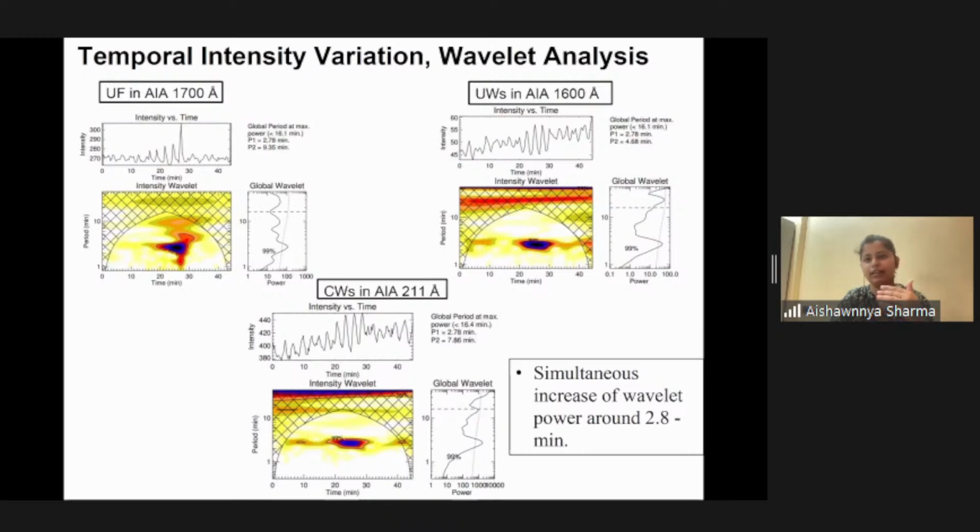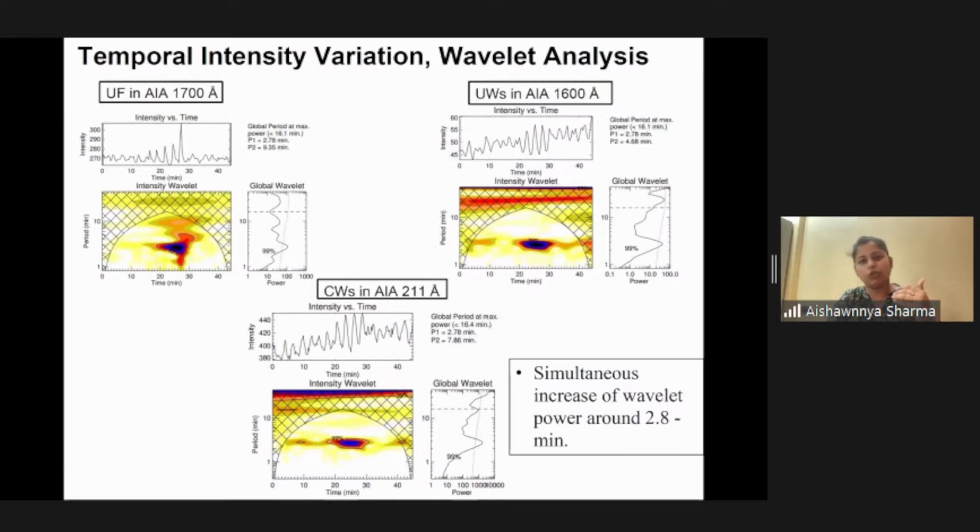And if we see the corresponding wavelet plot, between 20 to 30 minutes there is an increase in 3-minute power, the same as the umbral flashes.